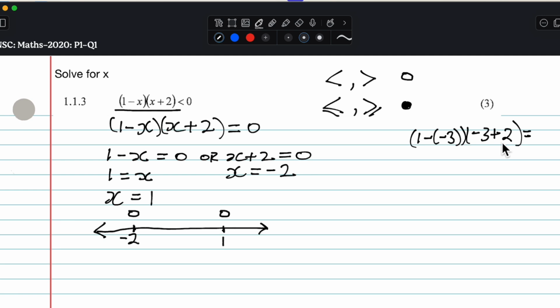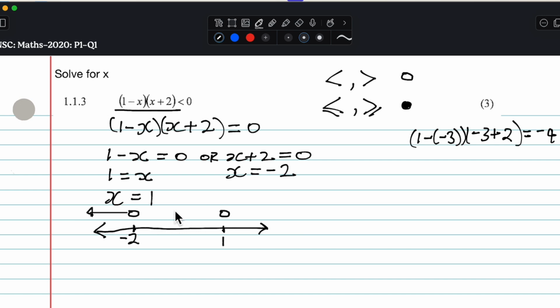Put this in a calculator for me and tell me what you get. Right, so we get negative 4. So for values of x that are less than negative 2, we get negative answers. Now remember, the important thing is not the actual value, it's the sign. We got a negative value.